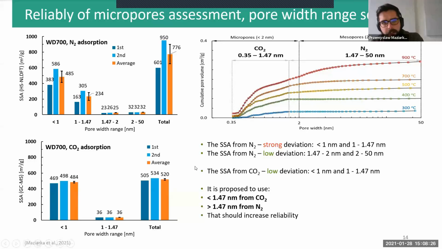So our idea in general was not to use the nitrogen data for the microporous region assessment and use only the region that doesn't have a strong deviation, and for the micropore region use the carbon dioxide data. So we cut off the micropore region from the nitrogen and add carbon dioxide, and from that we calculate the pore size distribution.